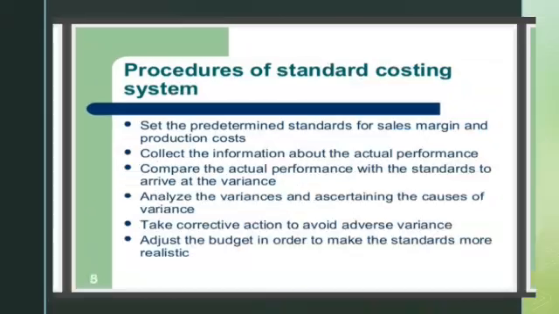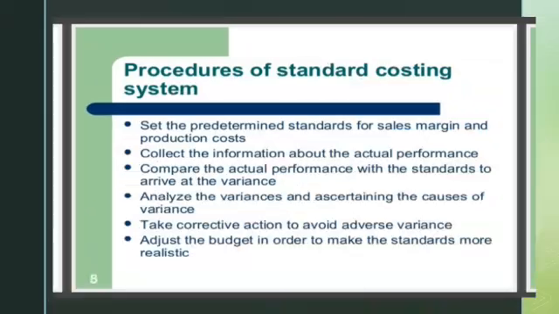There should be accountability wherein each expense should be identified by function and a person should be made responsible for such expenses. Standard costs are set for each element of cost, namely direct materials, direct labor, and overheads.